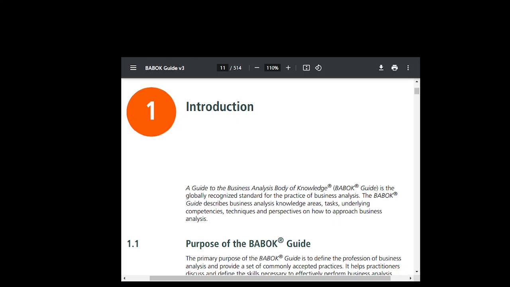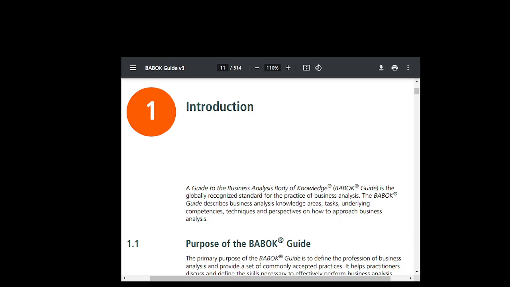This is just summarizing the preface, telling you that this is a standard for business analysis, and that this book we're about to explore covers the knowledge areas, tasks, underlying competencies, techniques, and perspectives on how to approach business analysis.